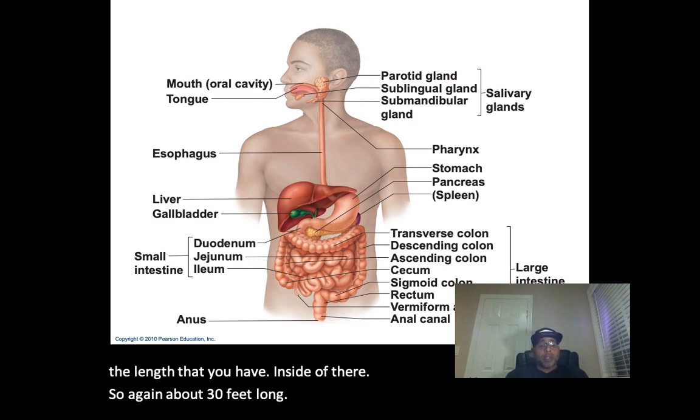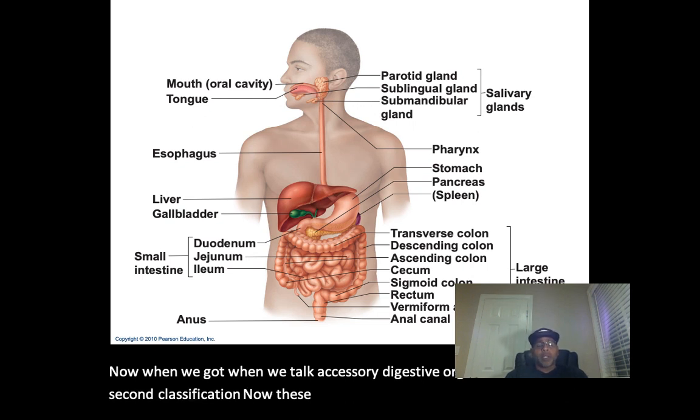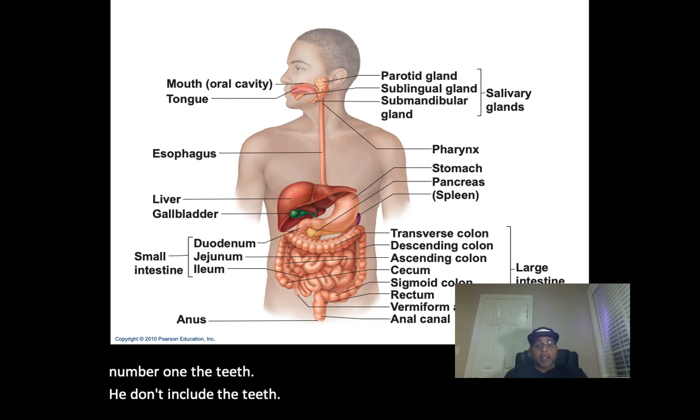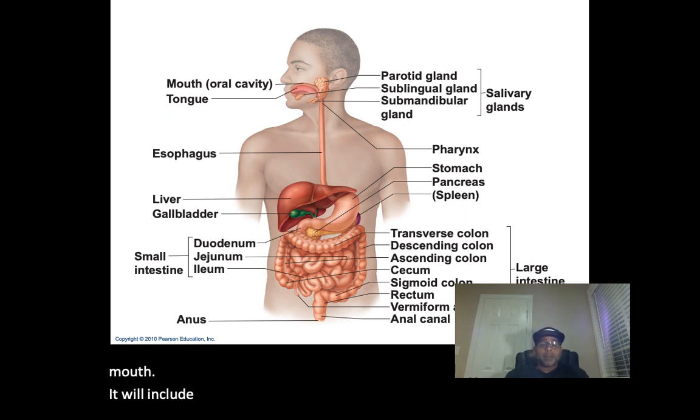Now, when we talk about accessory digestive organs, the second classification, it'll include, number one, the teeth and the tongue inside the mouth. It'll include the gallbladder, and as we continue down, the liver and the pancreas.